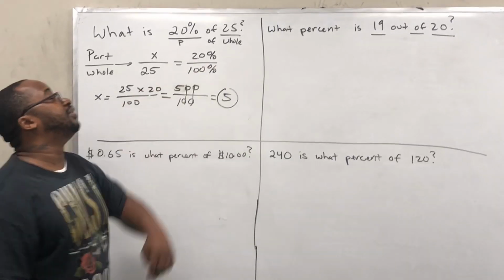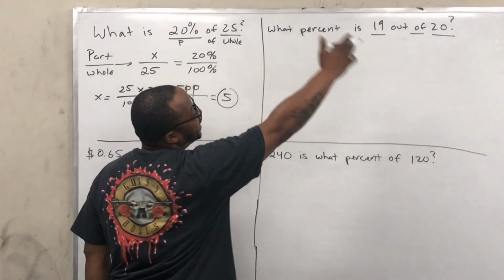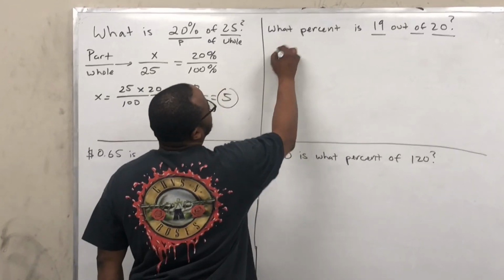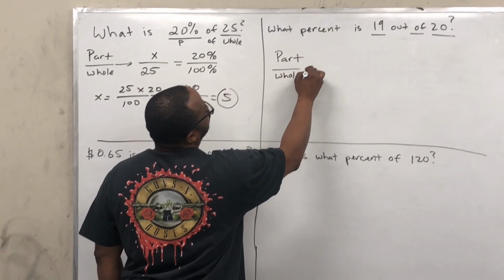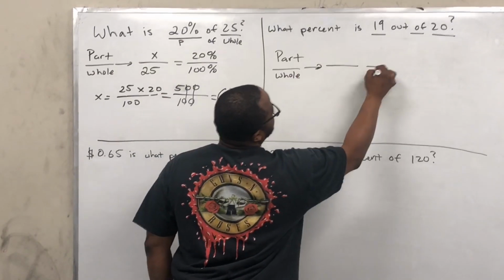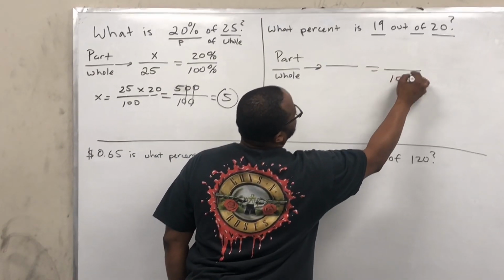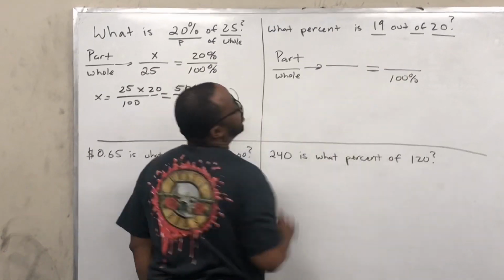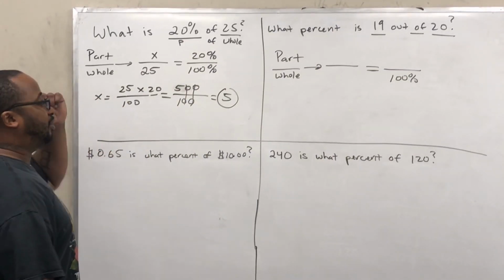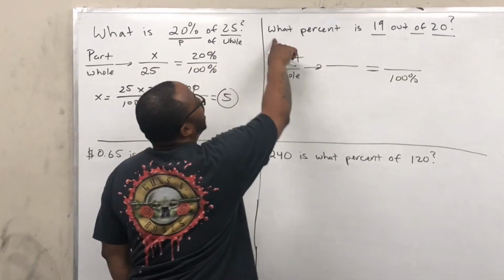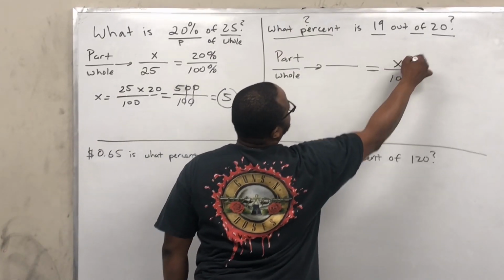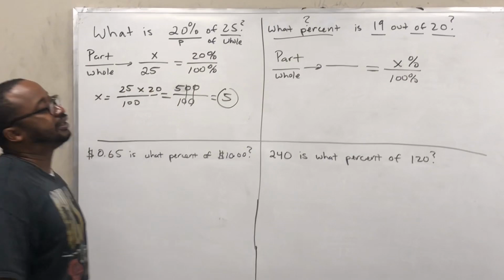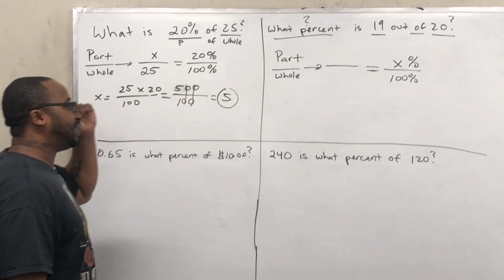When we look over here, it says what percent is 19 out of 20? So once again, I put my part over whole. I draw my two lines and I put my 100% here, make my equal sign straight. Now, it says what percent, so this is what I'm looking for, I'm looking for a percent here.